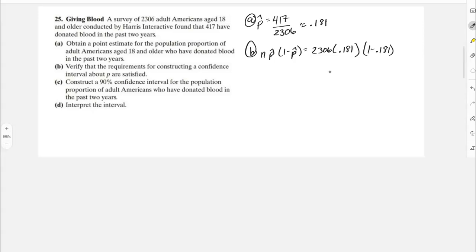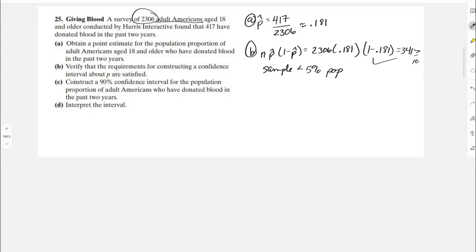And if we were to type that in our calculator, I get 341, which is definitely bigger than or equal to 10. So that requirement is met. And the sample is definitely less than 5% of the population. We're talking about adult Americans age 18 and older. There's millions of them, and we're only looking at a sample of 2,300.